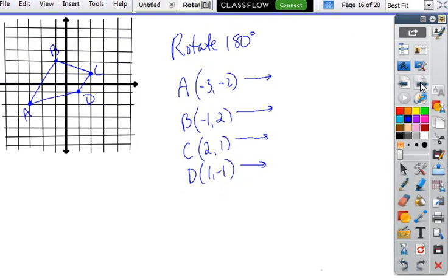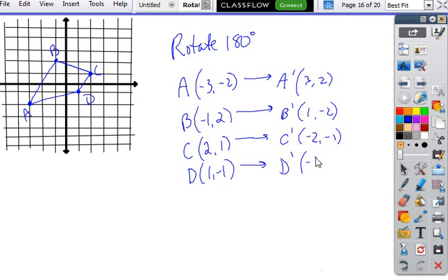All right, give me that one. Rotating 180. What would my new points be? A prime is 3, 2. B prime, 1, negative 2. C prime, negative 2, negative 1. And D prime, negative 1, 1. So when I take those and put them on there, what should happen is everything should rotate on itself and be on top of each other.